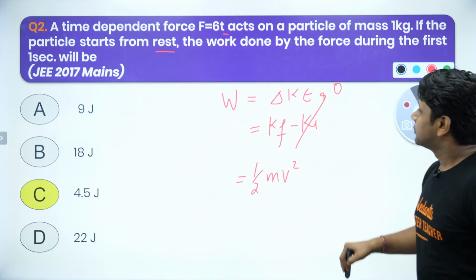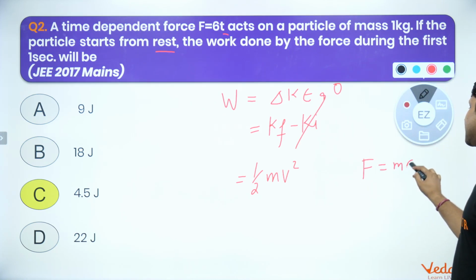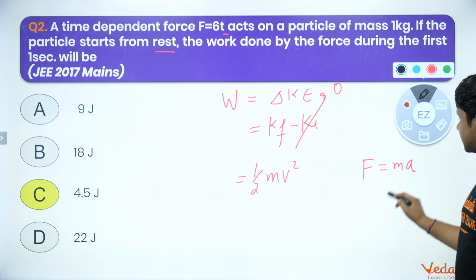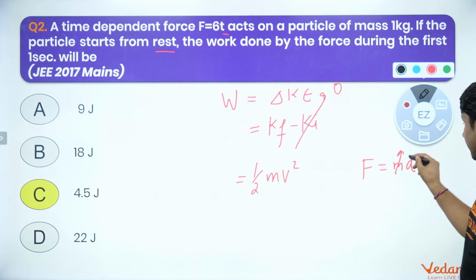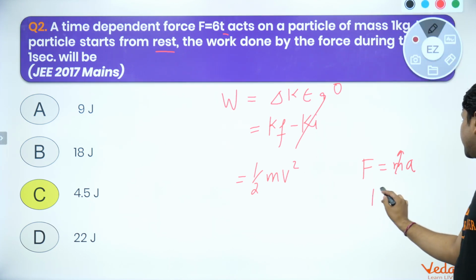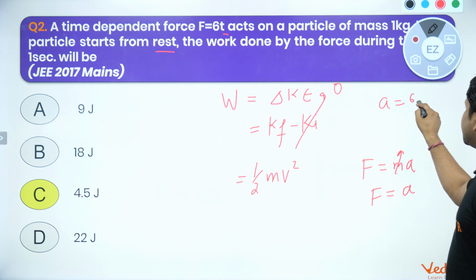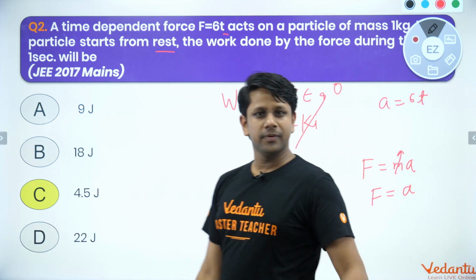देखिए ध्यान से. So we have the equation of force. Force can be written as mass times acceleration. Mass being 1, you can easily write that this will become just F is equal to A. So A will be equal to what? 6 into T. Did you understand the step? Very simple, right?